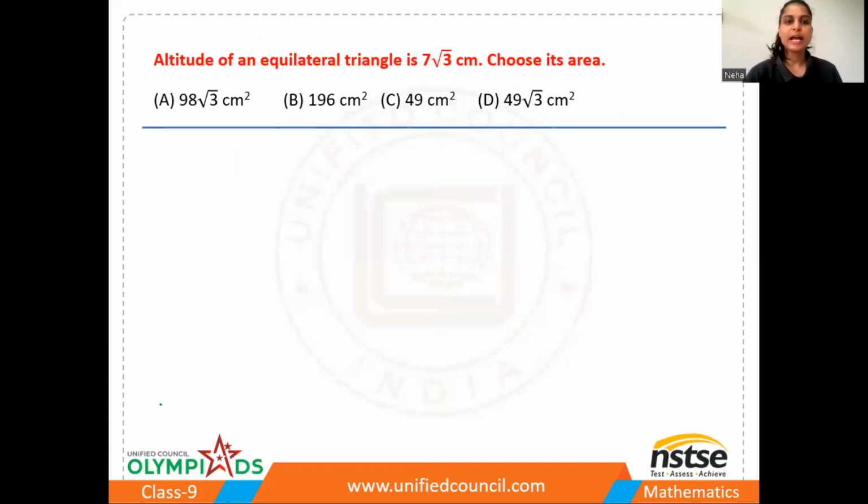The next question is that the altitude of an equilateral triangle is 7 root 3. Choose its area.